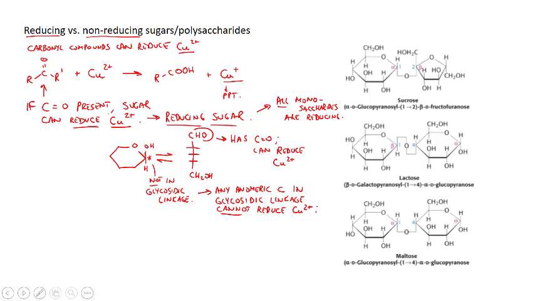All right, so a non-reducing sugar, therefore, is any sugar (sugar is just the general term for oligosaccharide) in which all anomeric carbons are in glycosidic linkages.